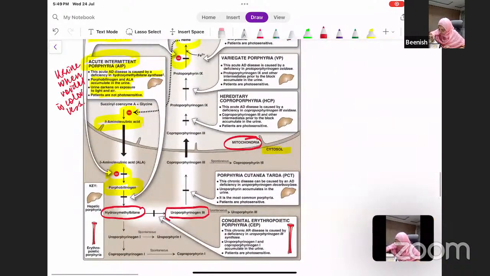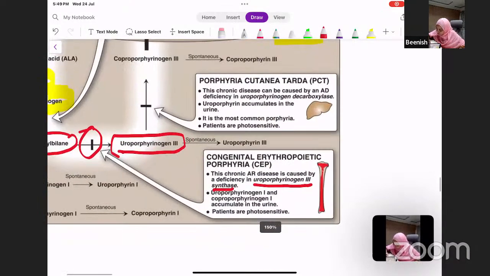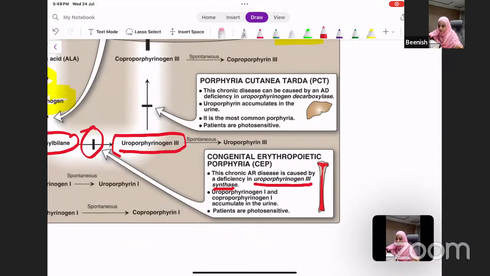Next, when the enzyme uroporphyrinogen 3 synthase, which is forming uroporphyrinogen 3, is defective, you end up with congenital erythropoietic porphyria. This is an autosomal recessive disease caused by uroporphyrinogen 3 synthase being deficient.